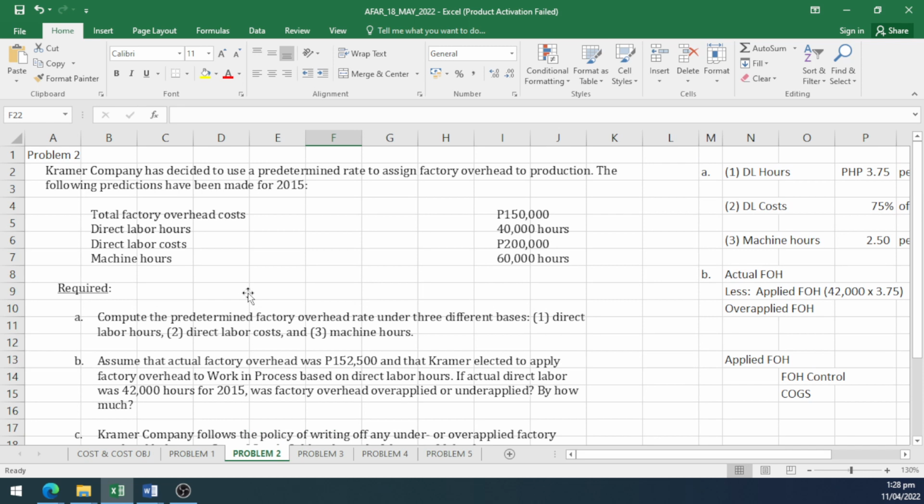Next, we proceed to problem number 2. We will illustrate the computation of factory overhead rate.